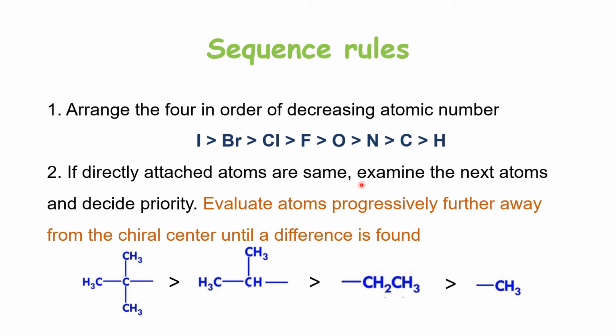So if directly attached atoms are same, like in this case all are carbons, you need to go progressively away from the chiral center until you find a point of difference. See, in this case, if these are the four groups attached to the chiral carbon atom, this carbon is attached to three hydrogens, while this carbon is attached to one carbon, two hydrogens. This carbon is attached to two carbons, one hydrogen, and this is attached to three carbons.